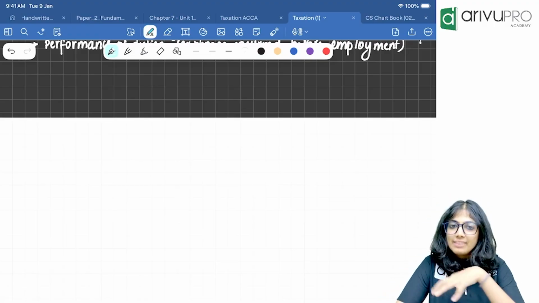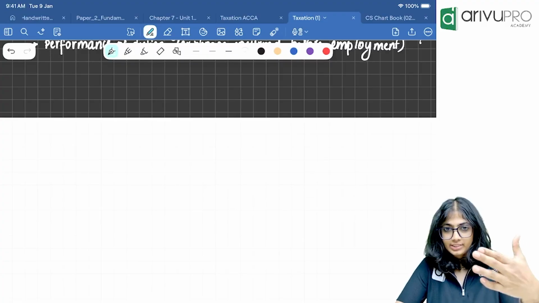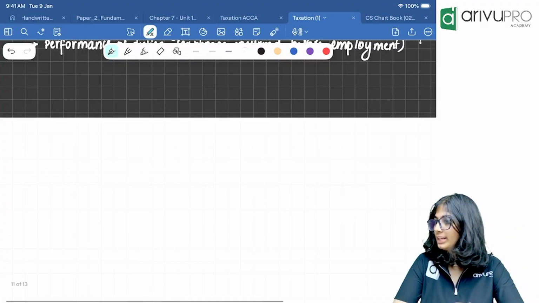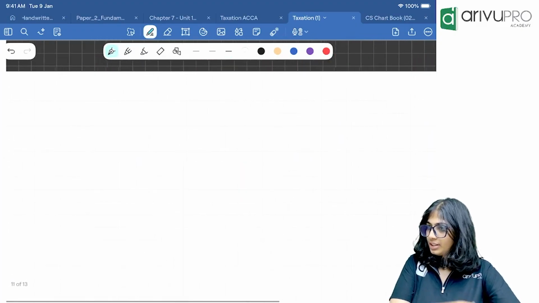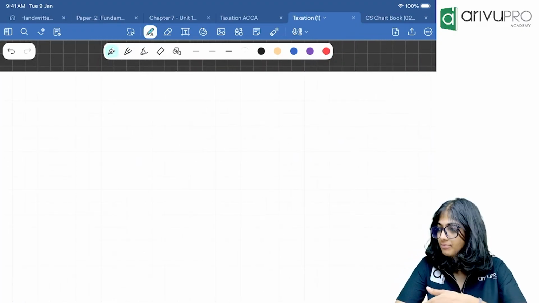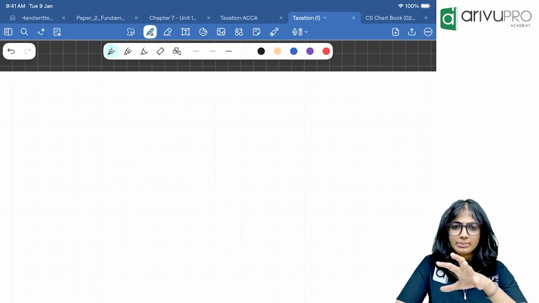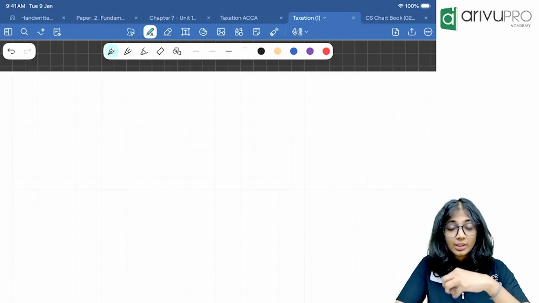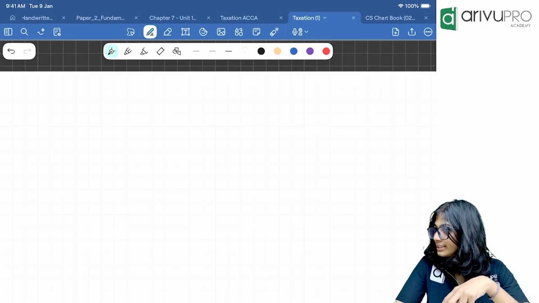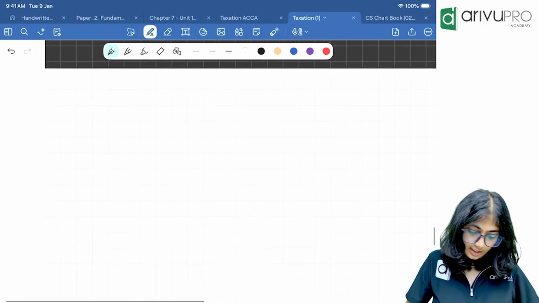Any travel expenses you incurred in the necessary performance of duties come under expenses that are wholly, exclusively and necessarily incurred in performance of duties, correct? For example, you need to meet a client, who may be in a different city or even in the same city. Any expense that you incur in the performance of duties, that is required for you to be there, is allowable.